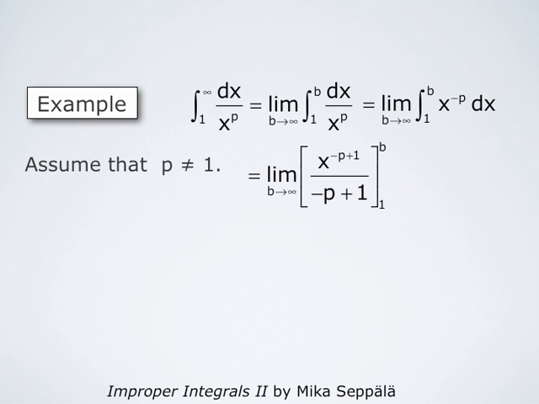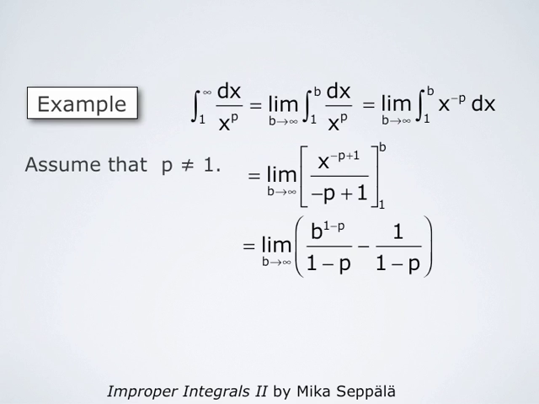Therefore, the integral from 1 to b of x to the power negative p dx is simply substitution to this antiderivative from 1 to b. And then we must take the limit as b goes to infinity. That limit, if it is finite, is the value of this improper integral.